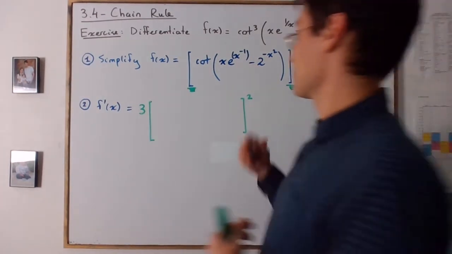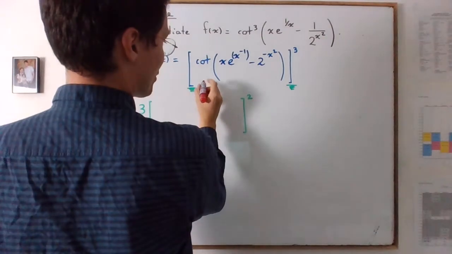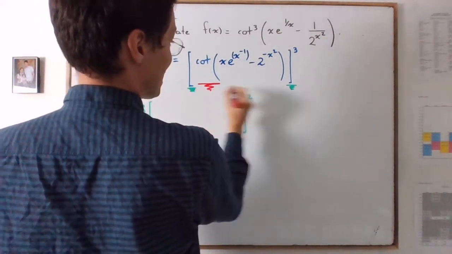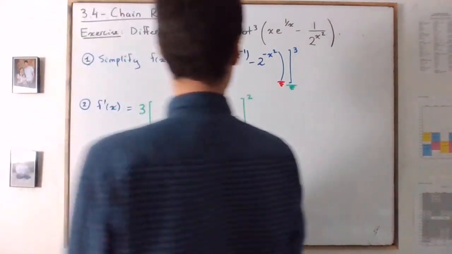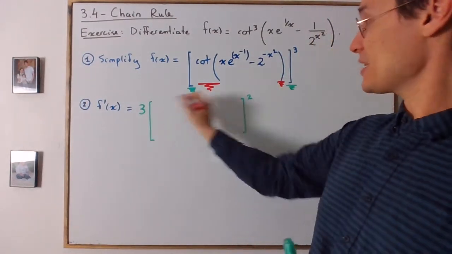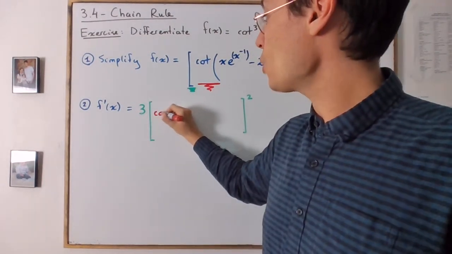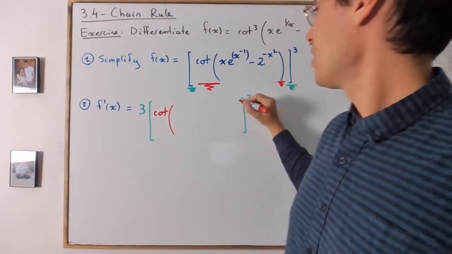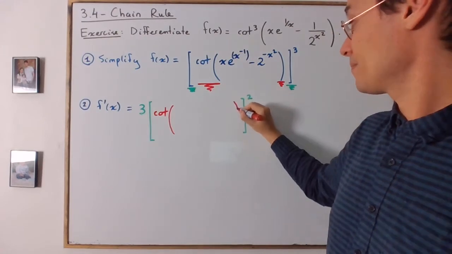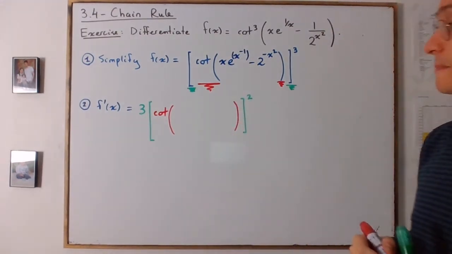And as you can see, this is the next function to differentiate. What you're putting here is actually the entirety of it. So it's going to be the cotangent of all the rest. All of this is going to fit inside.